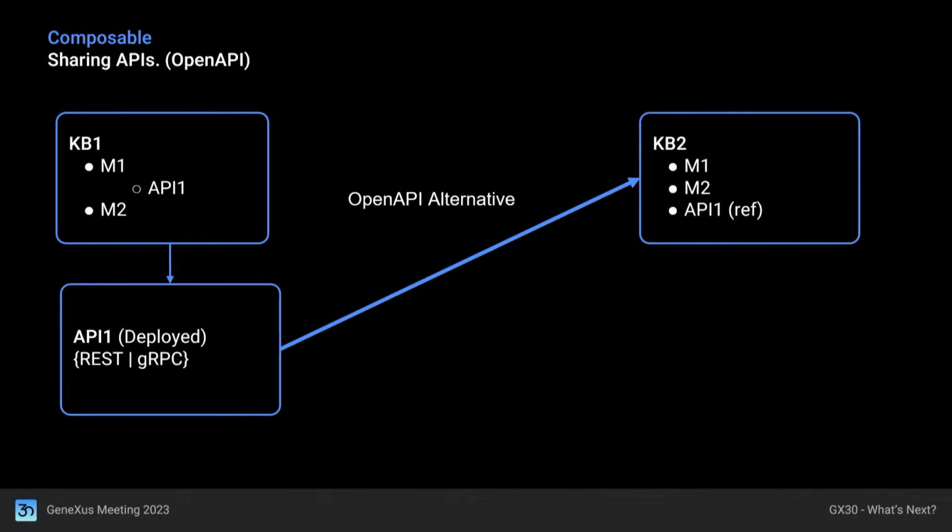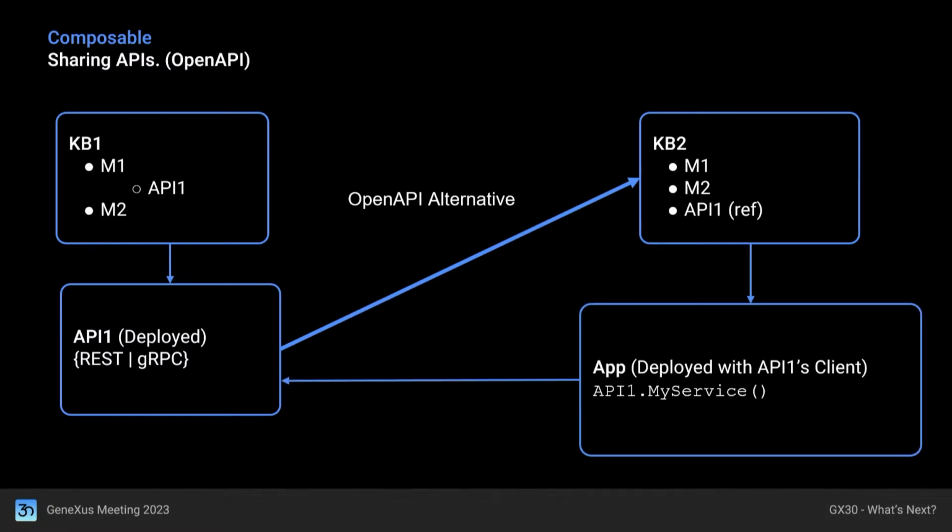I can design an API object in a KB, I can deploy it, and so that API has the gRPC service or the REST service, which is the implementation of that API. You could already do it in previous versions. There is an open API description, and I can import it to another KB, and from then onwards I can deploy an app. That's one approach.